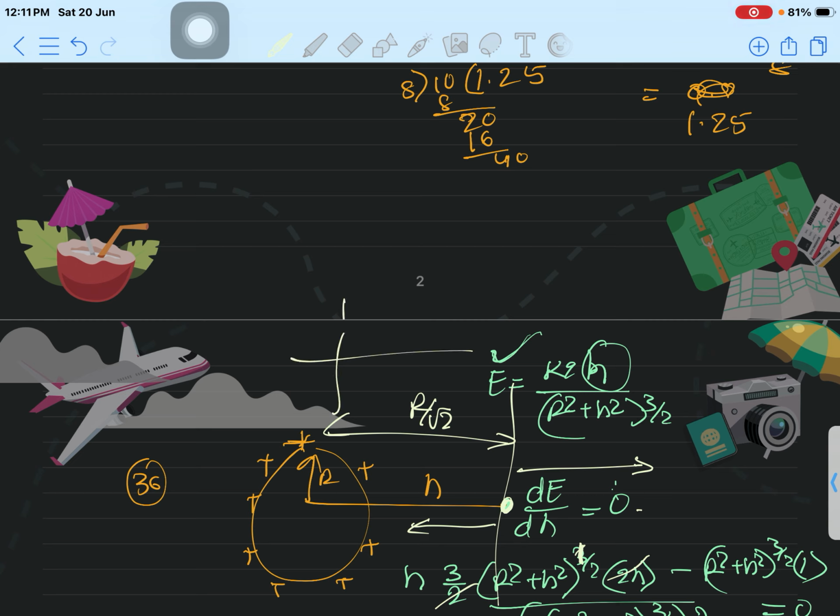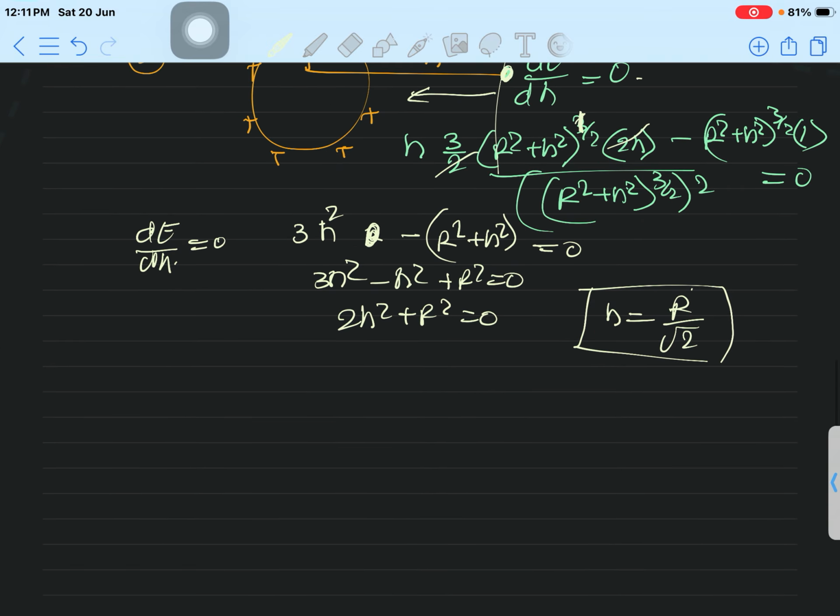Sometimes they'll ask the graph also. You start from the origin, the electric field peaks at a certain point, which is r by root 2, then again the electric field reduces. Okay, now what is the shape of the curve? It takes a 1 by r square, 1 by r cube graph, sir. Okay, thank you. We'll go to the next question.